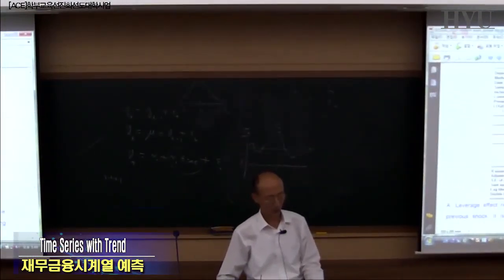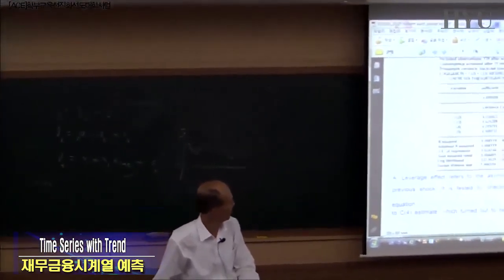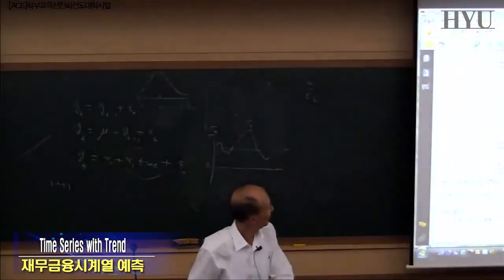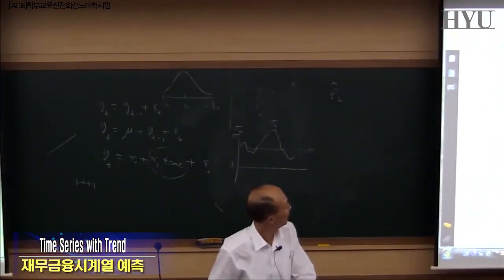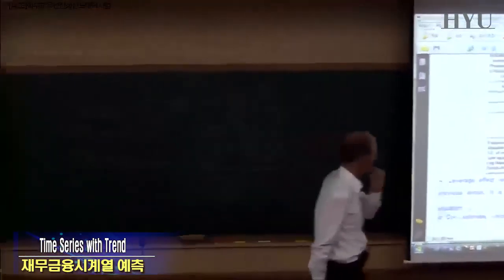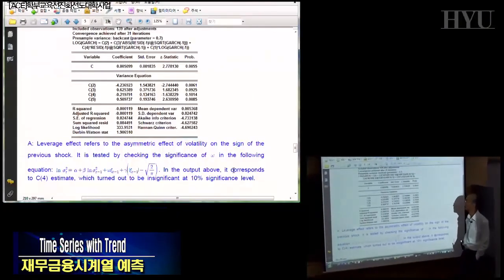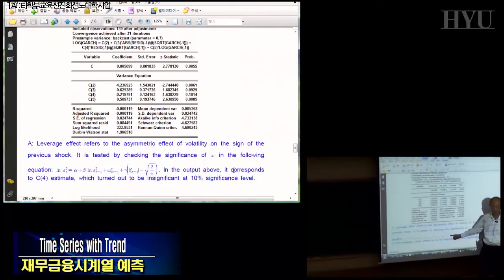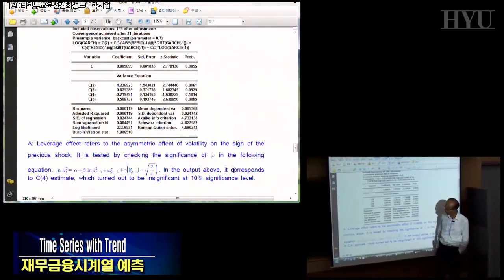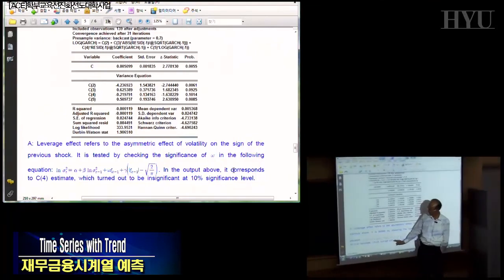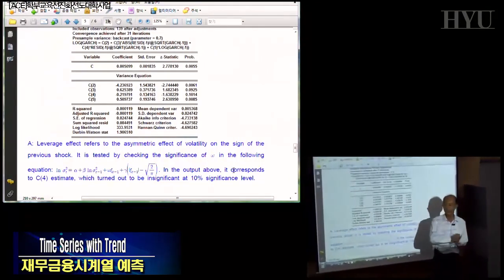Then the exponential GARCH is showing this result, and it tests whether you understand the motivation of this E-GARCH model, which is capturing the leverage effect, right?